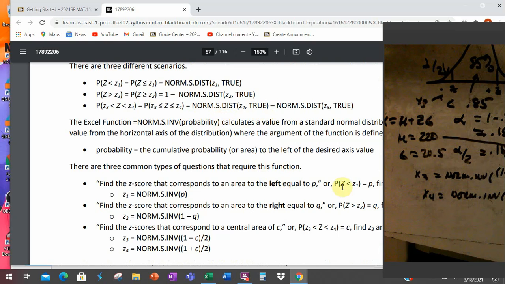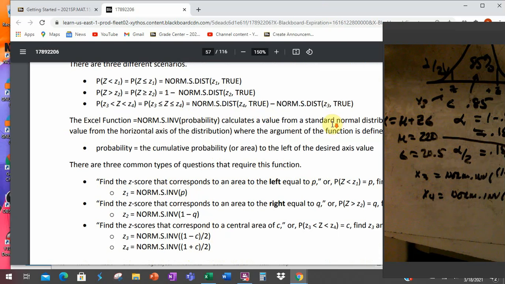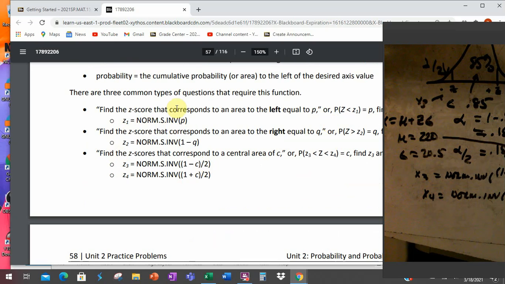All it needs is the probability to the left, and it's going to give you the corresponding z-scores. And it looks like the very same set, the 1 minus c over 2 for the left side and then the positive side. These will be the very same numbers.